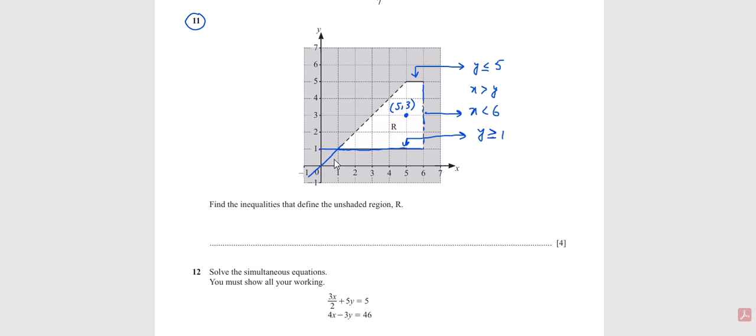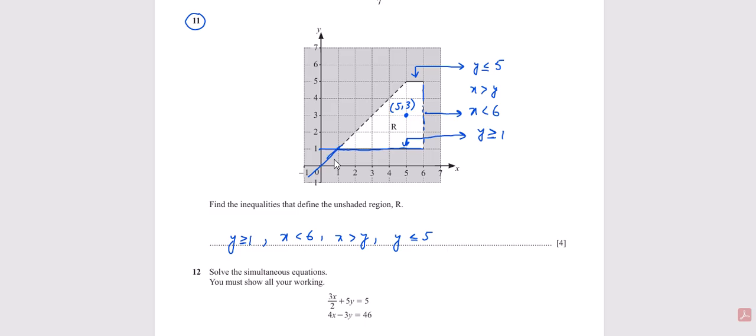So we find 4 inequalities. First of all, we get y is greater than or equal to 1, and the second one is x is less than 6, and then x is greater than y, and y is less than or equal to 5.